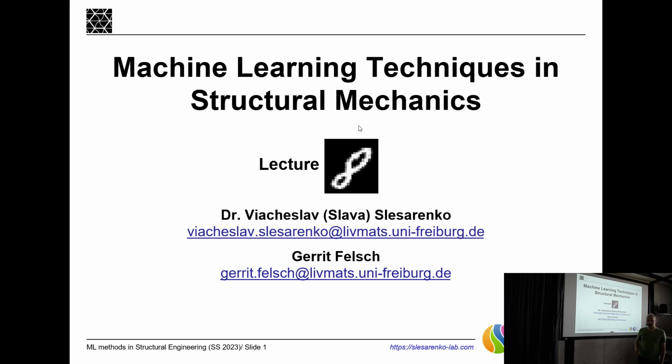And instead of Bayesian optimization, we will talk a little bit about recurrent neural networks. Right now, maybe they are not so popular, but they still can be applied in many fields, even in structural mechanics and structural health monitoring, and you will see that at the end of this class.